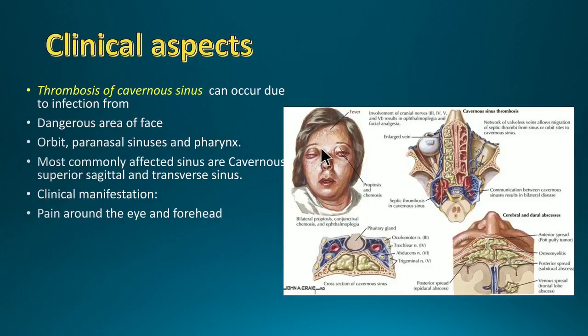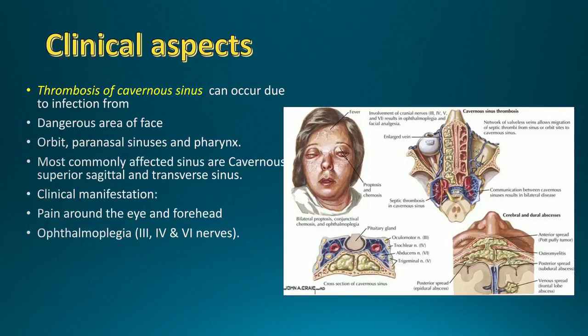Then the second one is ophthalmoplegia, paralysis of the extraocular muscles, because the third, fourth and sixth nerves are all involved. Third and fourth nerves are on the lateral wall, and the abducens nerve is within the sinus itself, inferolateral to the internal carotid artery. That is one of the reasons.